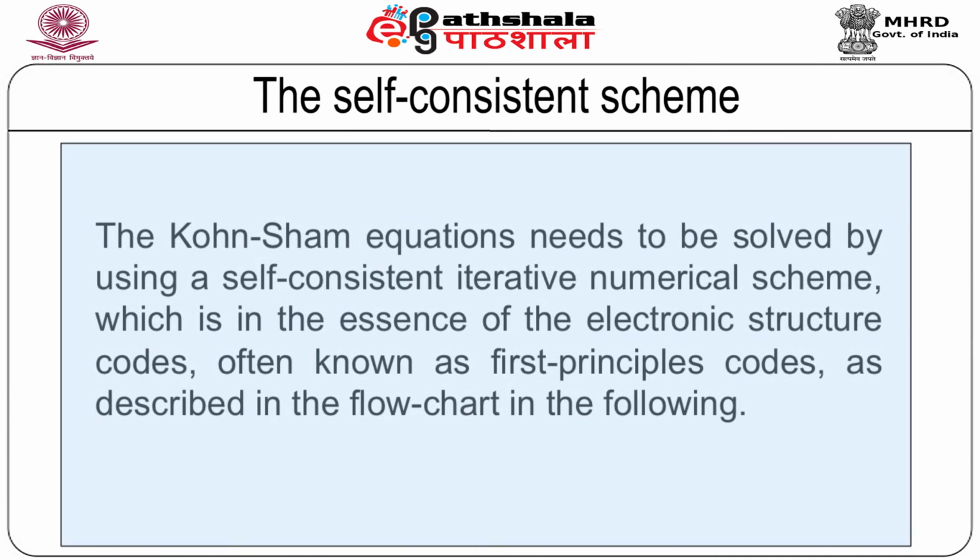The Kohn-Sham equations need to be solved by using a self-consistent iterative numerical scheme, which is the essence of the electronic structure codes, often known also as first principle codes, as will be described in the flow chart in the following slide.